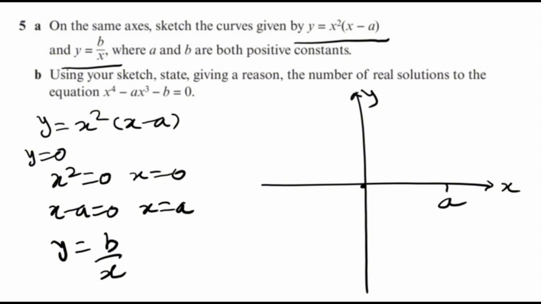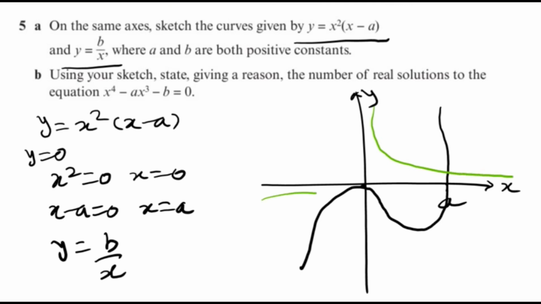So our cubic graph, because it's positive, starts like this, and our reciprocal graph, because it's a positive reciprocal graph, looks like this. Now this is question 5 part A.